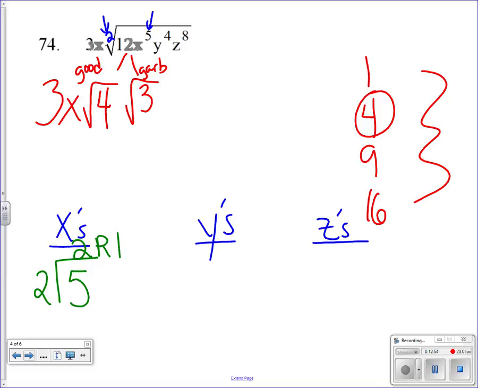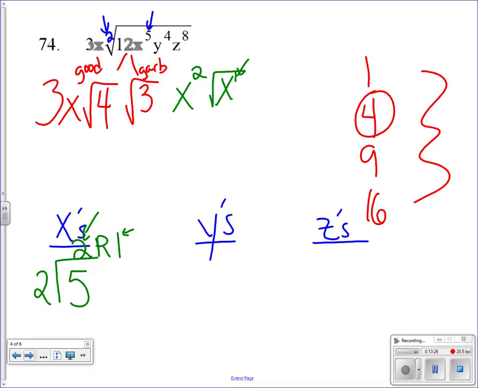We have a remainder of 1 left over. Now what that means is we can then take x, and the number that worked, in other words, it went in twice, that is now our new exponent. We still have a remainder of 1 left over, and as a result, we have the square root of x raised to the 1 power. That's where that exponent is still coming from. It hasn't changed.